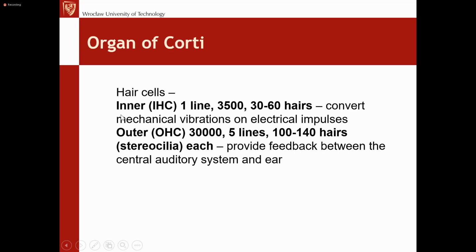So we can say also that inner hair cells transmit signals from the outside of the head into the brain, and outer hair cells work as a feedback, and outer hair cells transmit signals from the brain to the peripheral parts of the human hearing system, and by periphery I mean the middle as well as the outer ear, particularly the tympanic membrane as well as the stapes.